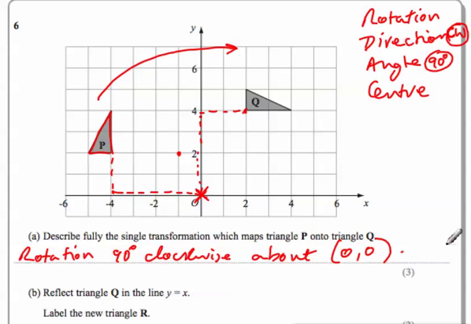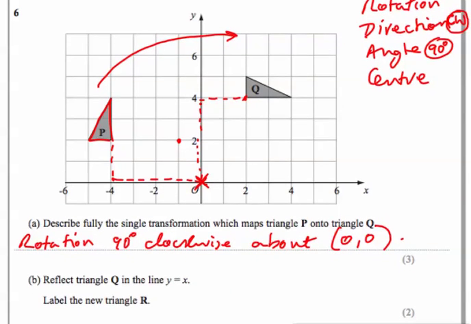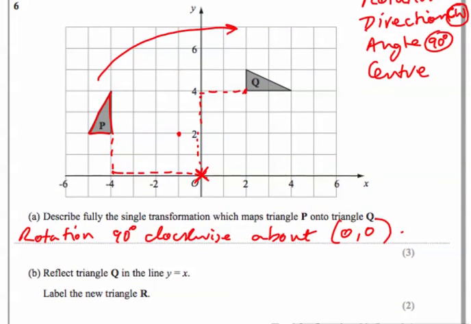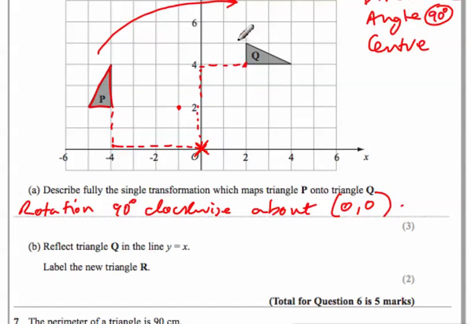Done. Okay. Now the next thing it asks us to do is to reflect the triangle Q, which is this one, in the line y equals x. So that's our mirror line. Now how do we draw the line y equals x? Well, that's quite straightforward, because what it's telling us is that whatever value x has, y is the same.